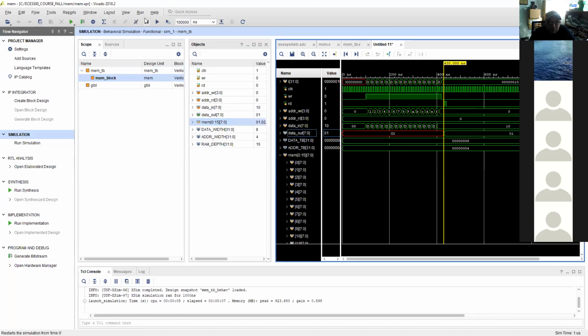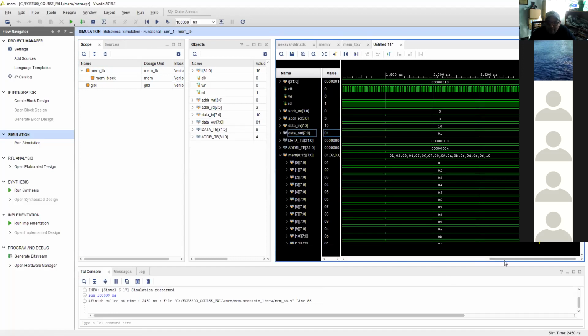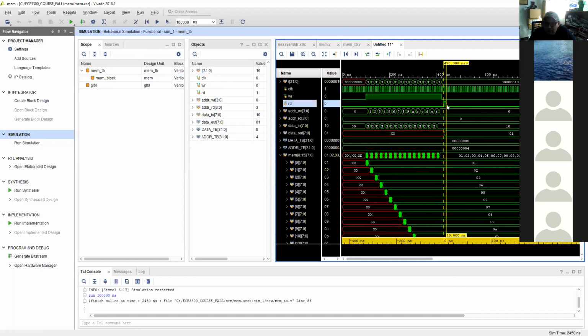We need to think about it. The value should be 4, so why didn't the output give me that? Why is out fixed, even though the address read changed here?